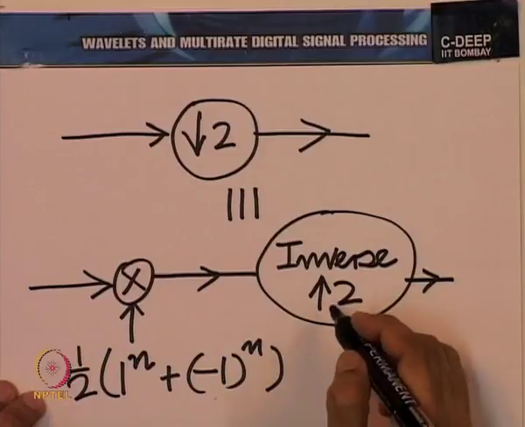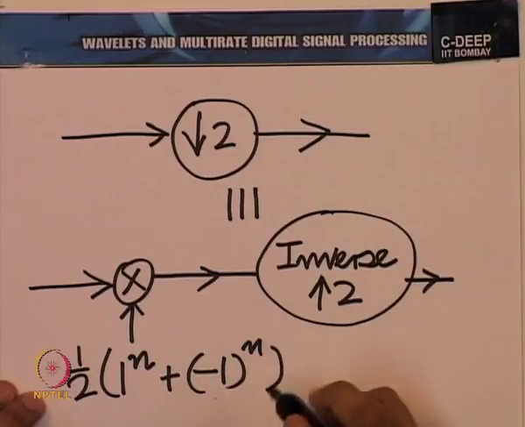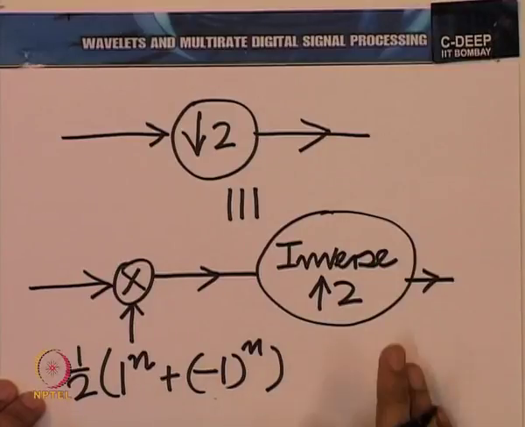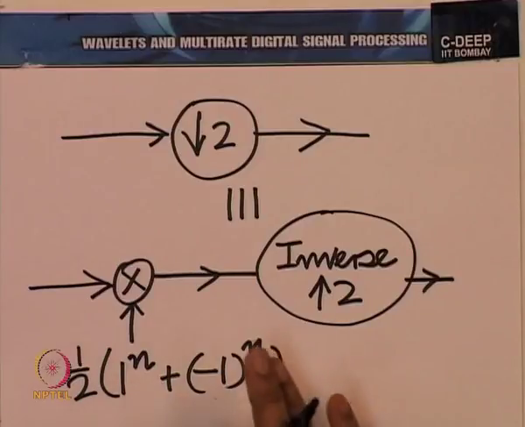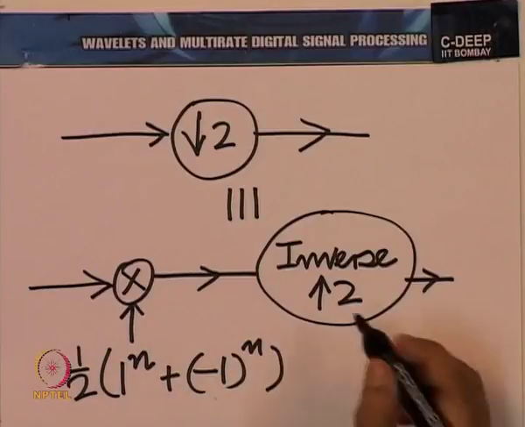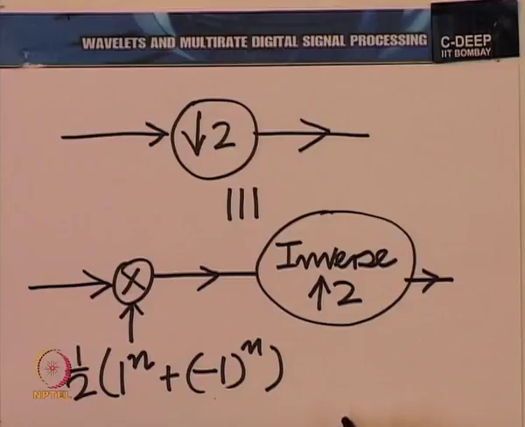We had noted that upsampling by 2 or upsampling by any integer factor for that matter was an invertible operation. And in fact, this is also evident in the Z domain. And therefore, we can talk about the inverse here.